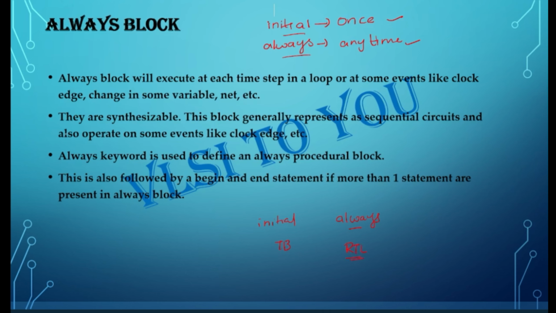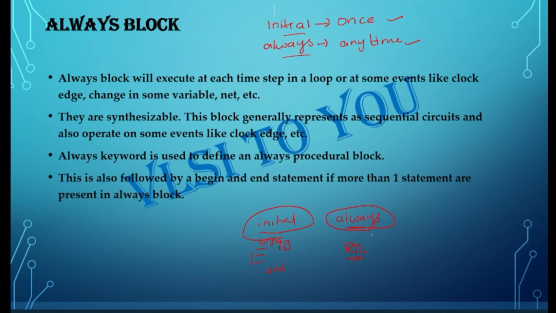So this is about the always block. Just like for the initial block you use the initial keyword, for the always block you use the always keyword. This is also followed by begin and end, similar to the initial statement. For example, if you want to insert two or three statements within the initial block, you will write them within begin and end, is it or not?